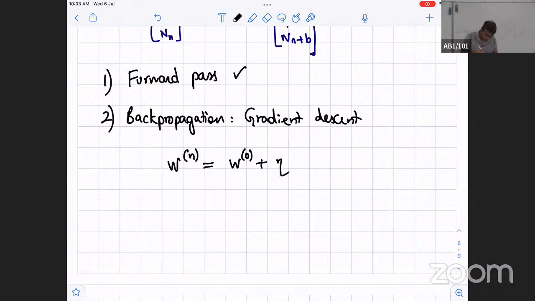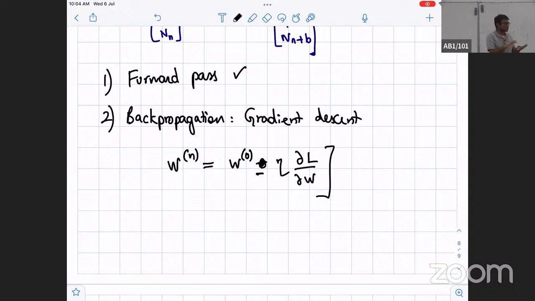Because you are doing gradient descent, you want to reduce the loss, so this will be a negative, and then you look at the gradient of your loss with respect to W. This is the gradient descent step. You do this till you reach convergence. Once you reach convergence, you stop and report that as your learned model.